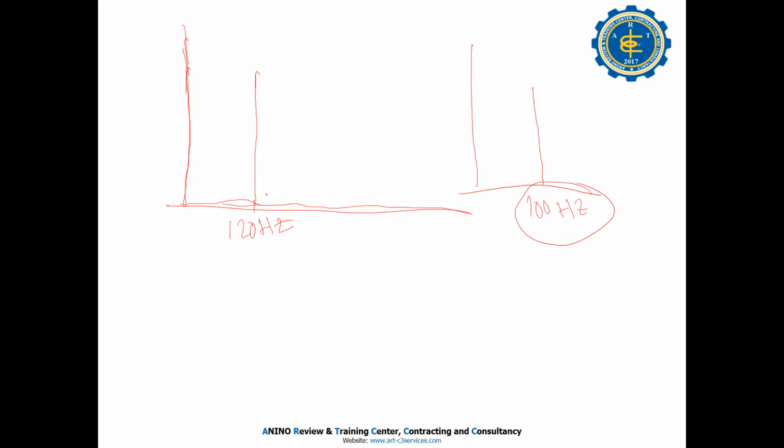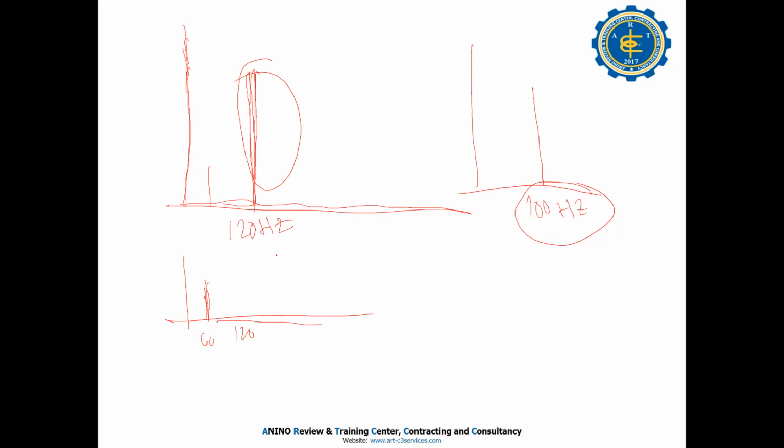This is the vibration. If we stop the equipment and the vibration is gone directly, for example the 2X at 120 and the 1X at 60, and the 120 is gone when you stop, that is an electrical problem.